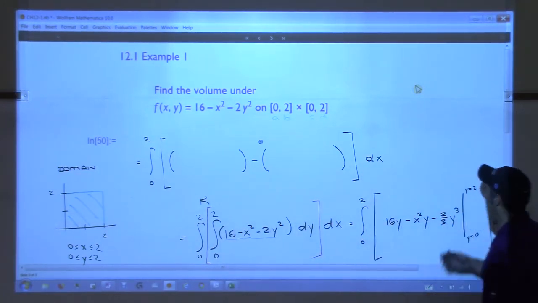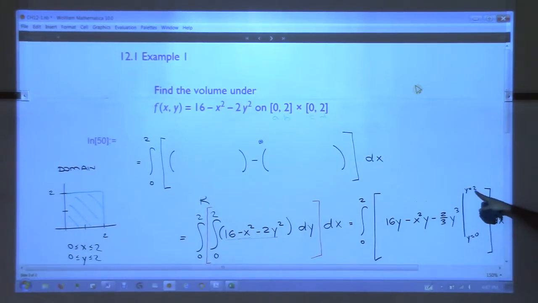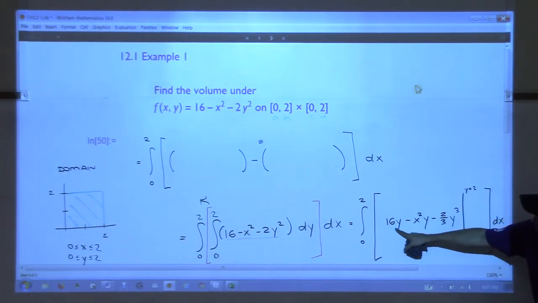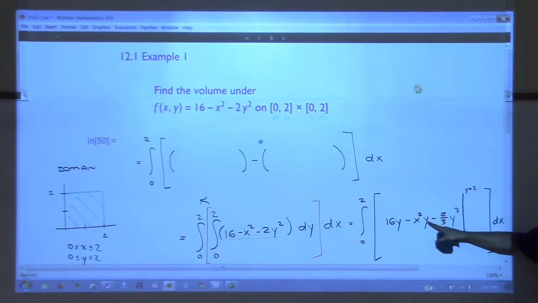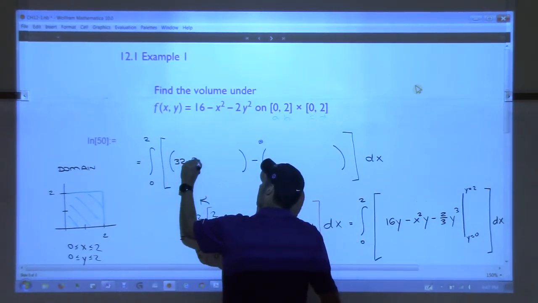So I know on the next step I plug 2 in and then I plug 0 in, right, for y, and then subtract the 2. So I've kind of set it up for myself to do that. Let's put 2 in for y. So we've got 32 minus x squared times 2, so 2x squared. So 32 minus 2x squared.